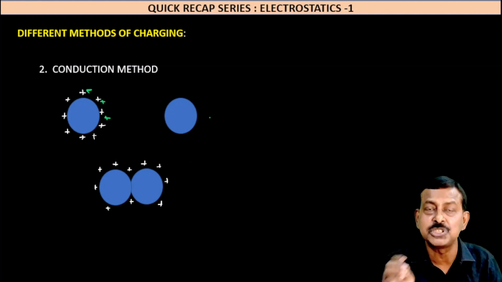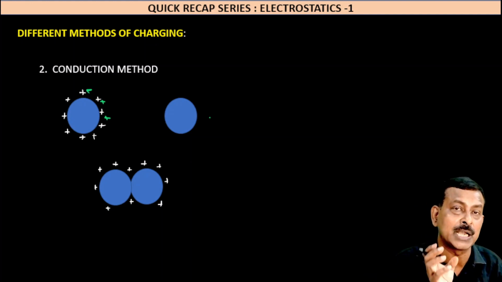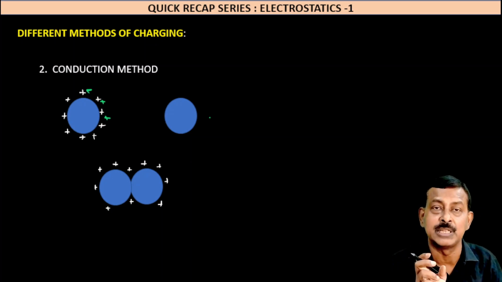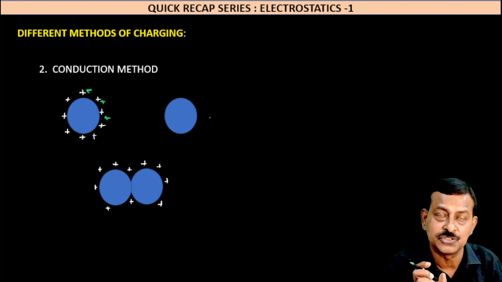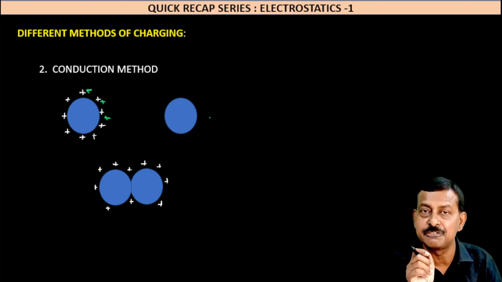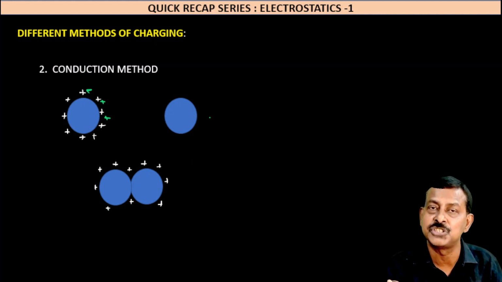This flow of charge will continue till the two bodies acquire equal potential. So the charge will flow only as long as there is a potential difference. The moment the potential difference becomes zero, there will be no further change.